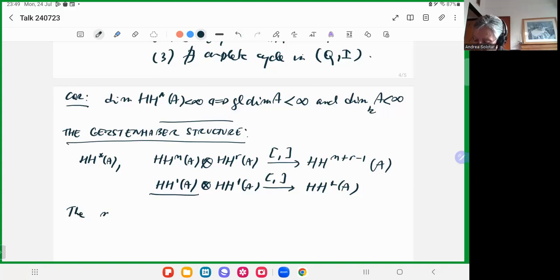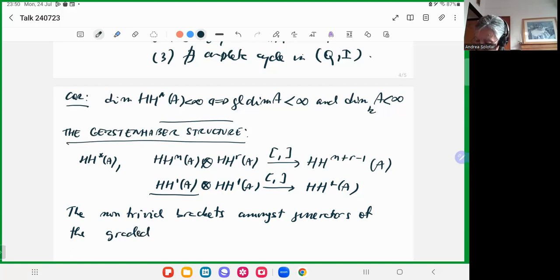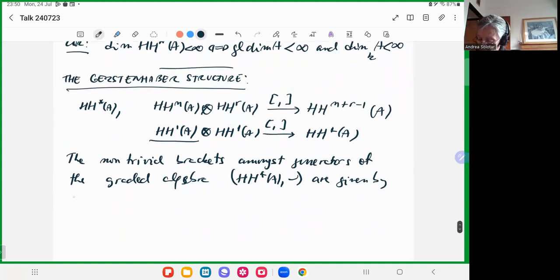the non-trivial brackets amongst generators of the graded algebra of the Hochschild cohomology with the cup product are given by brackets with these elements that we call diagonal elements.